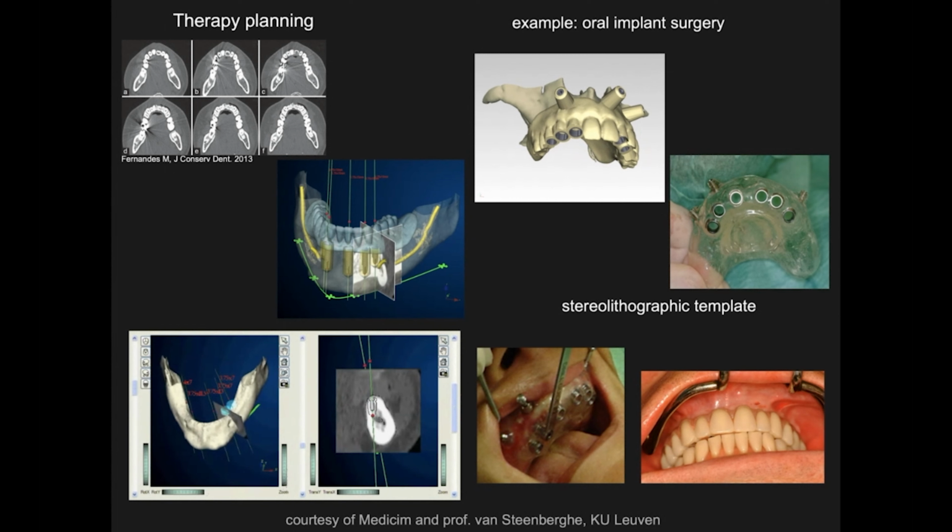And then not only can we plan how to do it, but based on that planning we can also make, for example, guides for surgery. What you see in the top right is first a virtual and then a printed version of drill guides. We can put this guide on the mouth of the patient, and then make the drill holes for the screws as planned, with the exact angle, size and depth.